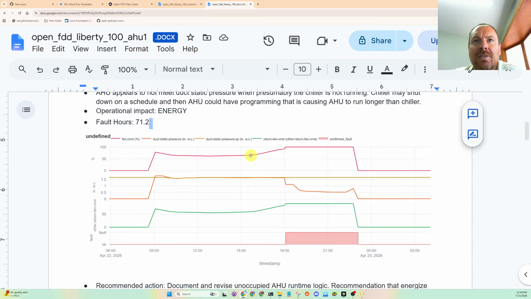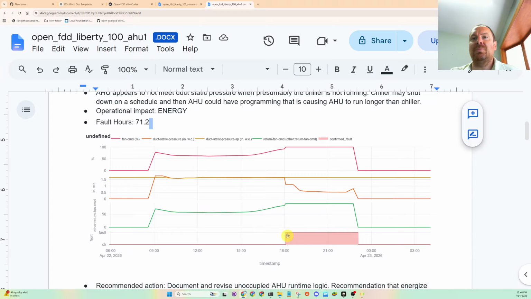And then it maintains duct static pressure just fine until about hour 1800. Something odd happens. I think what's happening is that the chiller is on its own fixed building automation schedule, and the chiller stops.